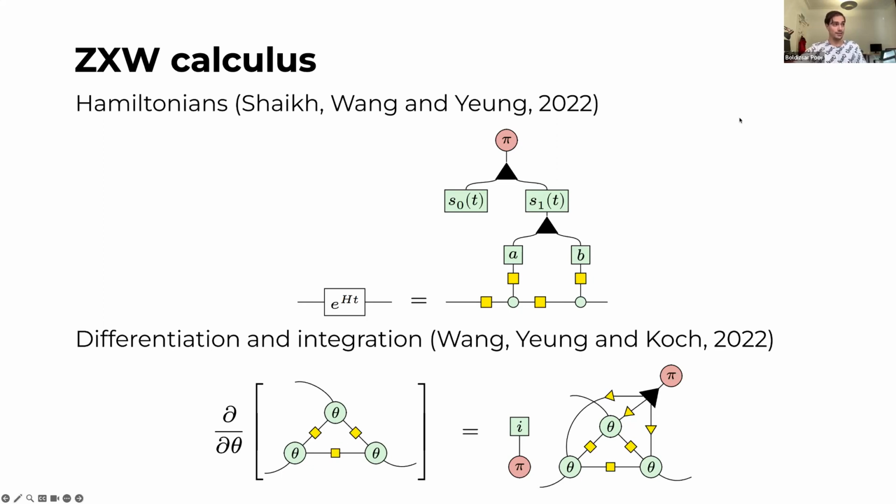We can differentiate and integrate ZX diagrams solely within this framework. So it's really a different framework. It's not just the sum of the two. And this ZXW calculus has been applied to reason about qudits, which we like because, well, they are not so nice as qubits are, but they are still quite good to reason about.